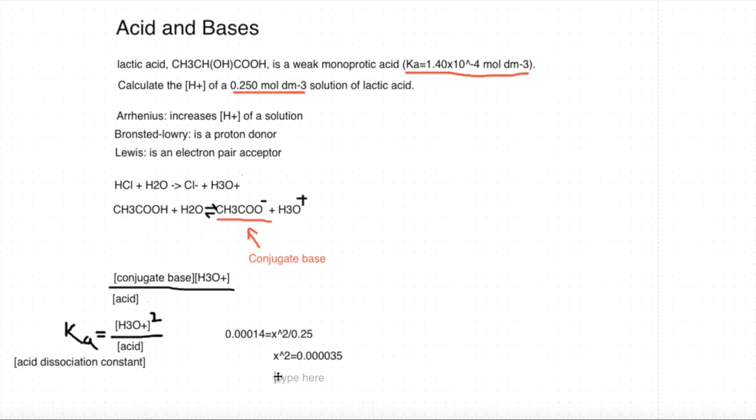And if we square root this number, we are going to end up with 0.005916. And then if we put this into three significant figures, it's going to be 5.92 times 10 to the power of minus 3 mol dm cube. So that's the concentration of proton from our question.